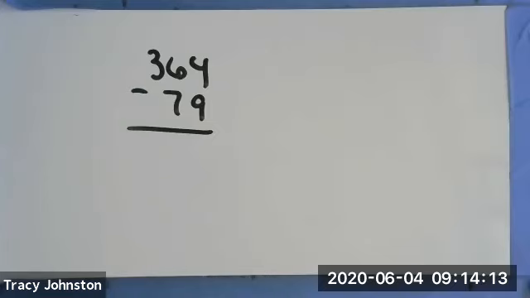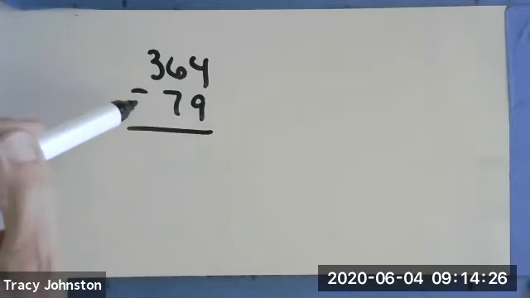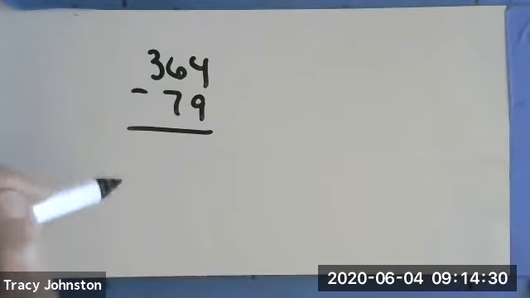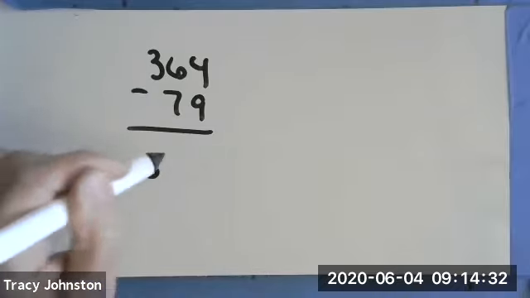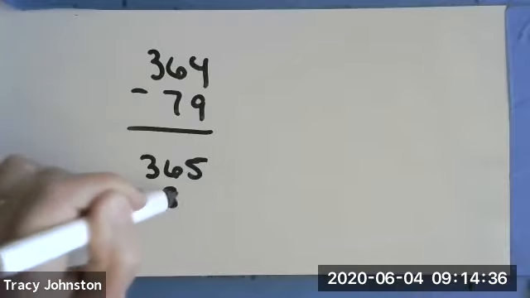So now this is number 7. It's another one where the student wrote their words down. And the student says, well, I know that's the same as 365 minus 80. So this person looks at 364 minus 79, and they said, you know, if I add 1 to each number, I get the same difference as 365 minus 80.